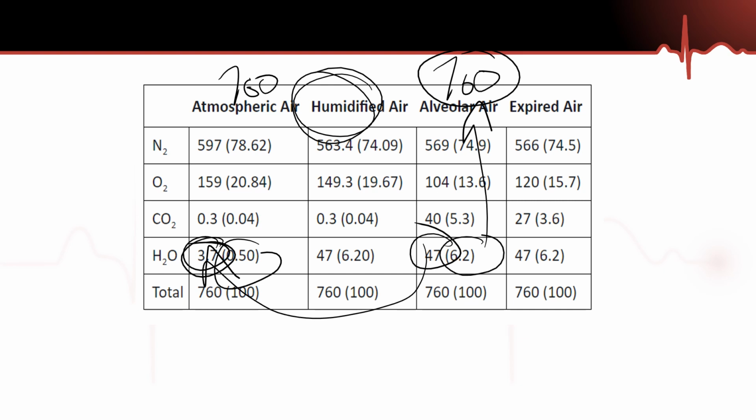And that's just strictly because so much water vapor that already existed within your respiratory tract, and does exist within your respiratory tract, moved into the air from the atmosphere that came into your lungs. And now, simply put, if you look at the air that exists in the alveoli, much more of that air is actually made up of water vapor compared to the air that was in the atmosphere. So that's step number one.